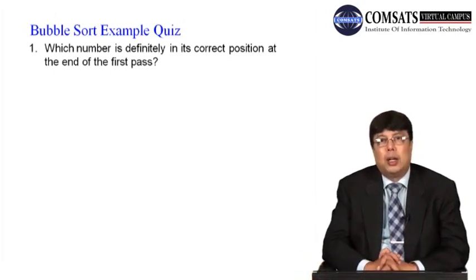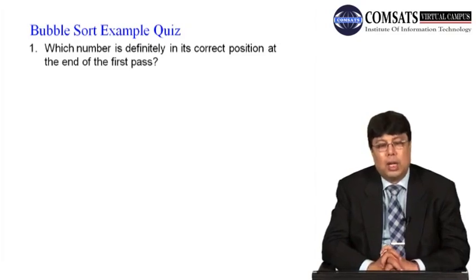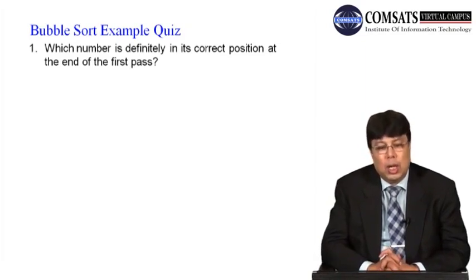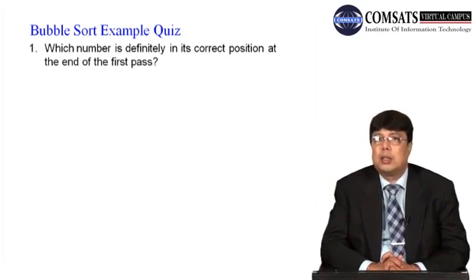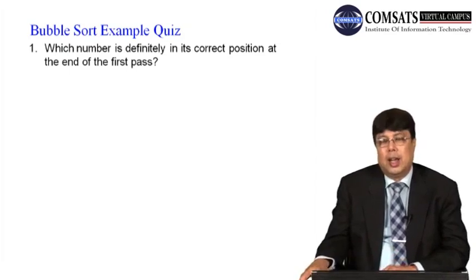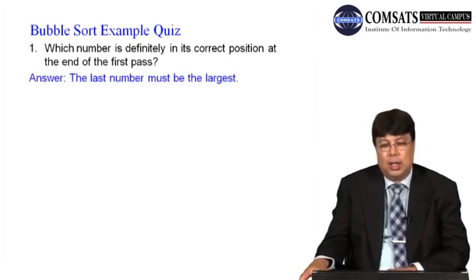Before I start the next topic, with this particular example that I picked up from the net, I found some very good, beautiful questions, so I decided to share them with you. It says: which number is definitely in the correct position at the end of the first pass? Remember I told you which one? Yes, the last one.